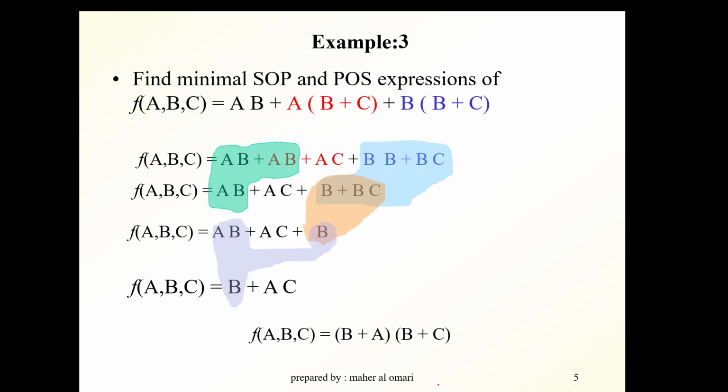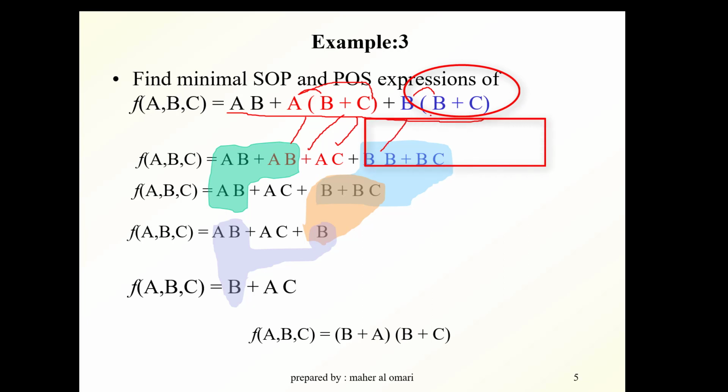Let's take example 3. Minimize the following function. Okay, first we take this A inside, so we get AB ORed with AC. And we take this B inside, we get BB ORed with BC.